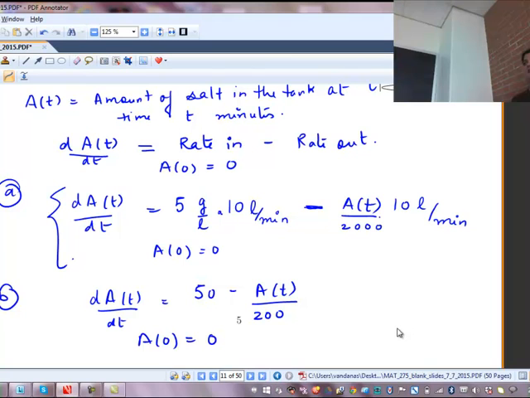How do you separate it? You should have a derivative equal to a function of A times a function of time. Now I think you can simplify it. If you make a common denominator, it will be (1000 minus A) divided by 200.